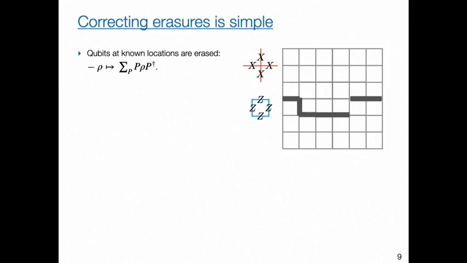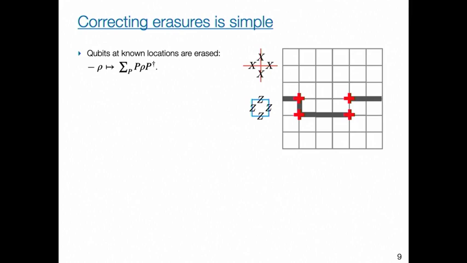So this can be modeled as applying a single qubit Pauli operator at each location which is erased, and we choose this Pauli operator uniformly at random. Now we will make some measurements. For instance, we will measure the X parity checks, and we can get any valid syndrome that is adjacent to the locations of the erased qubits.